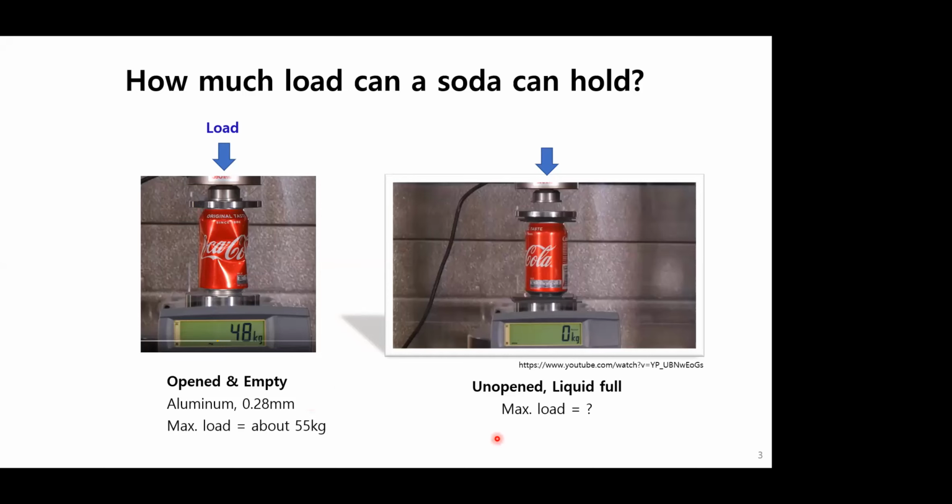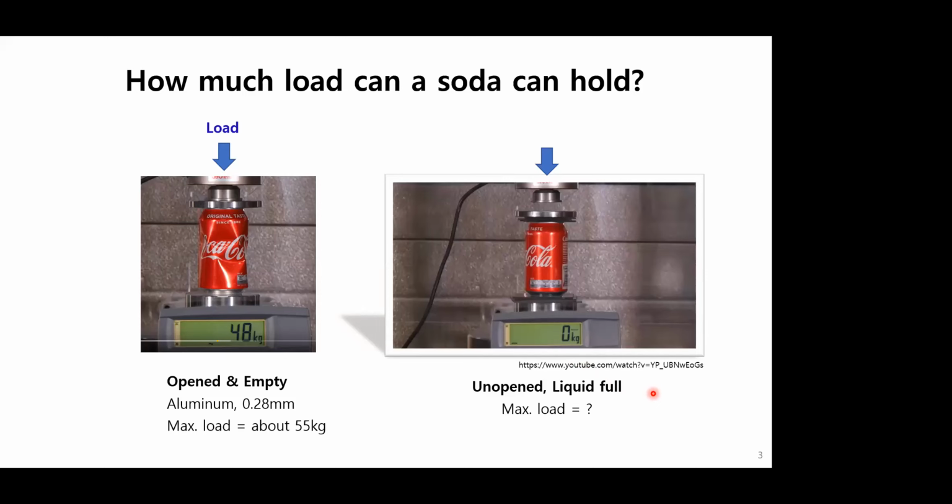On the other hand, in the right one, the question is how much load can this soda can hold in the unopened and liquid-full condition. Actually, this unopened can undergoes many types of heavy loadings, like a large stack of soda can boxes on top of each other, as you know.